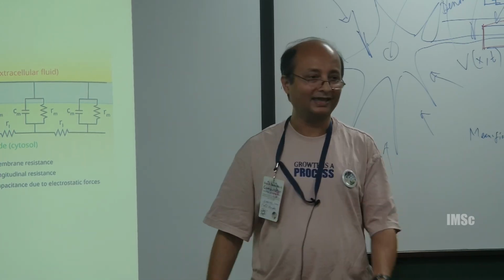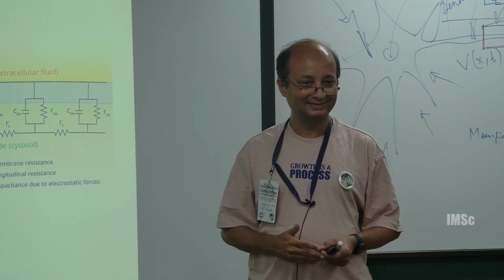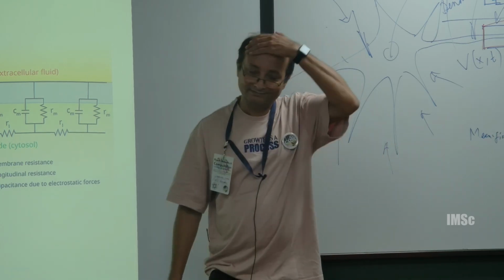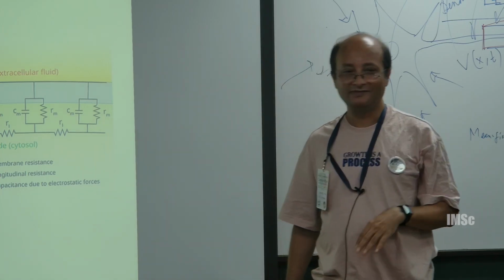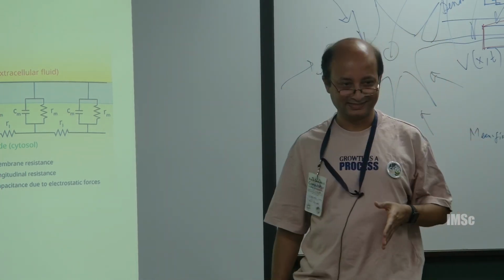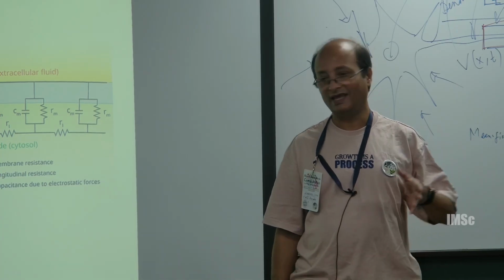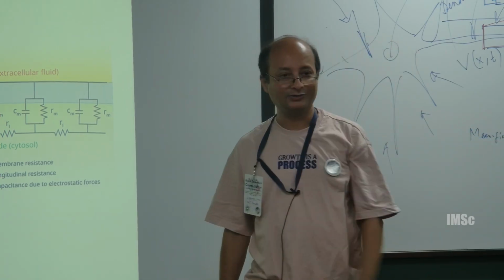Any clues? Anyone heard of this thing called tidal bore? Okay, no. So, in nature there are certain waves which have solitonic characteristics. One very famous example of this is when you have a tidal wave going through a narrow channel.